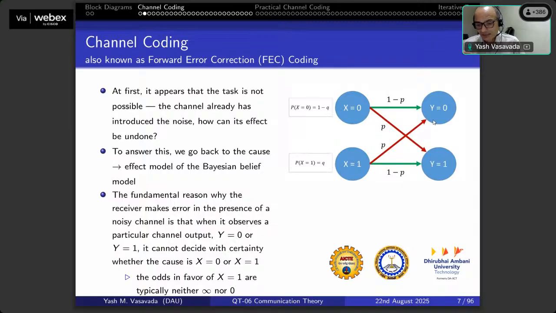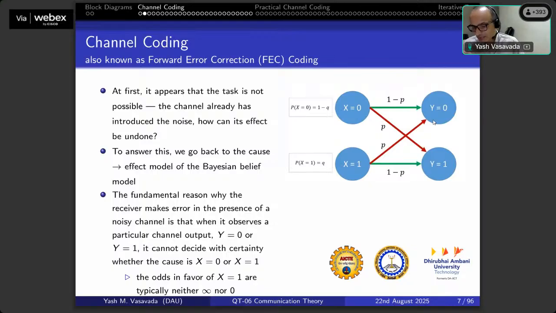Now, if the channel is already flipping the bits, what can you do? Let's say some channel has a good SNR, so effectively the p value is small, maybe 0.01, and so out of 1000 bits, on average only about 10 bits get flipped.